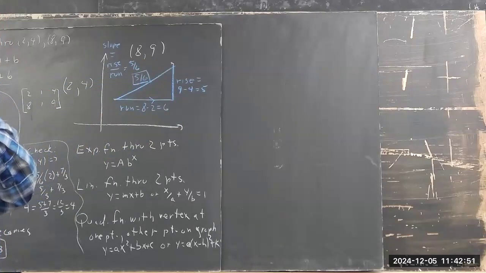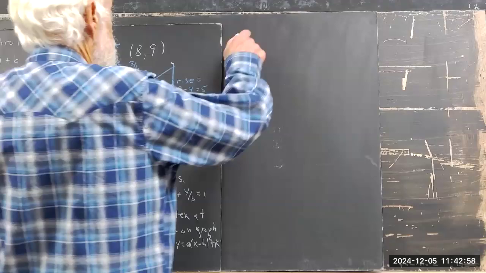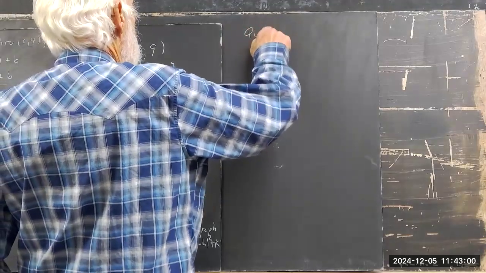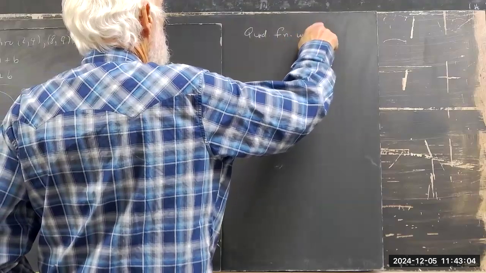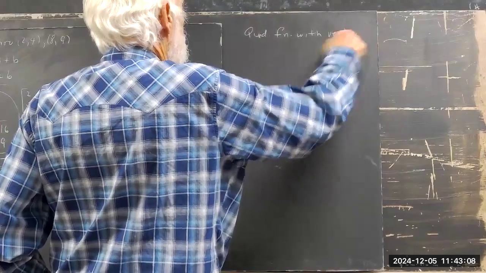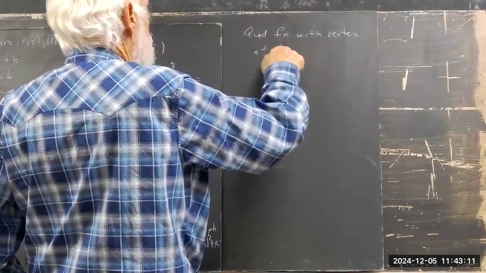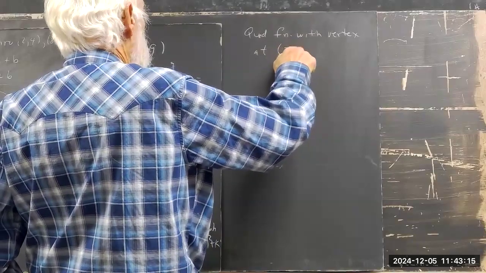I might even do both. We'll see. So what this means is we want to find a quadratic function with the vertex at the point 2, 4.